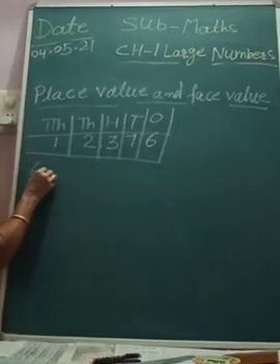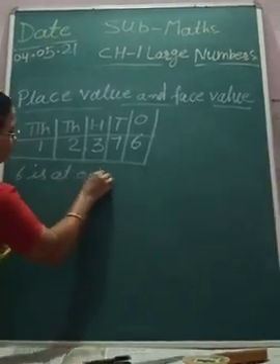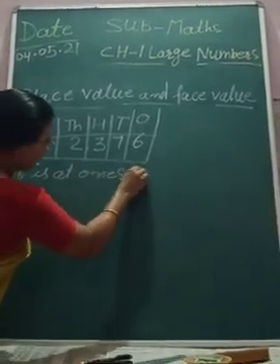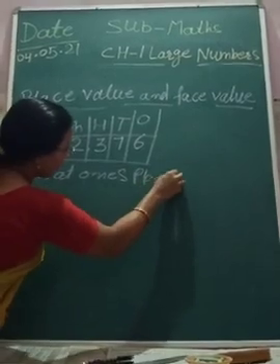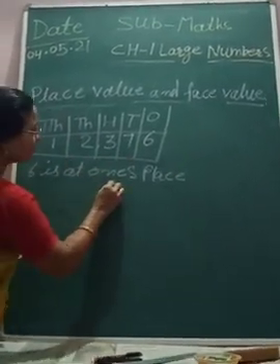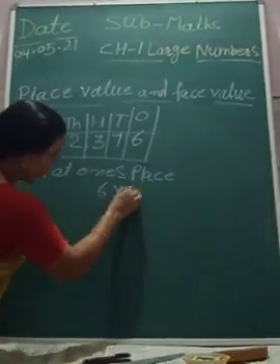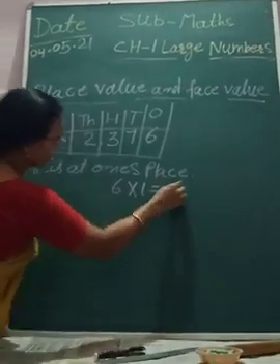Suppose 6 is at the ones place. It means the value of this 6 is what? We do 6 multiplied by 1, which is equal to 6.